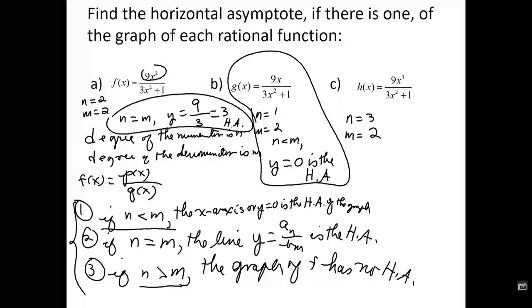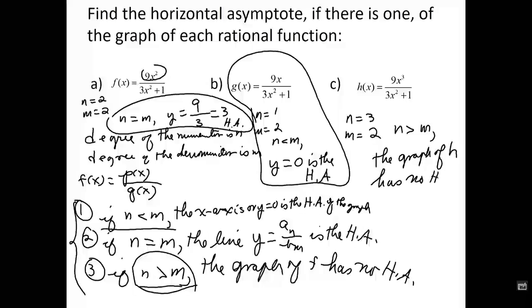So what do we have here? We have that n is greater than m. So therefore, the graph of the function h has no horizontal asymptote.